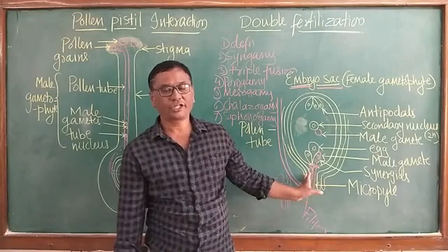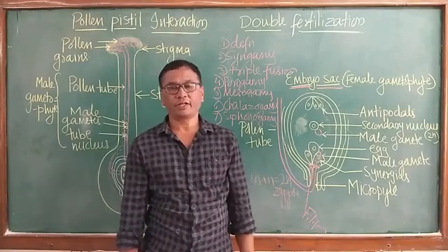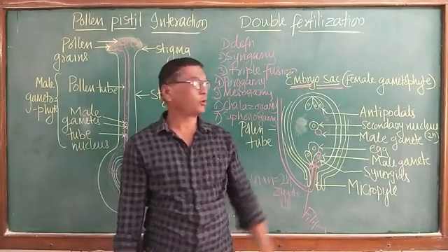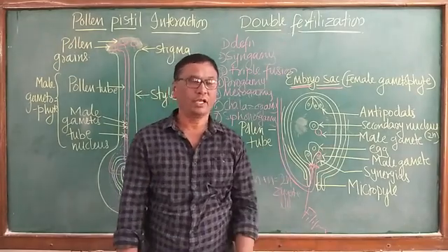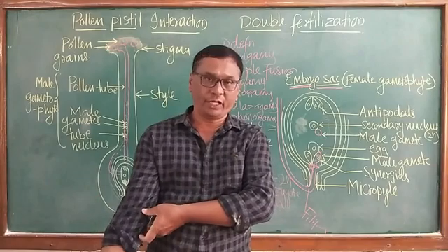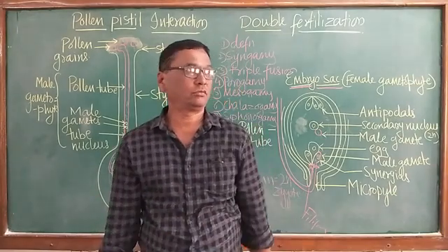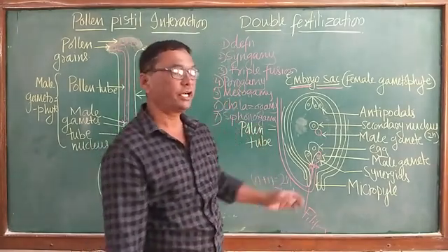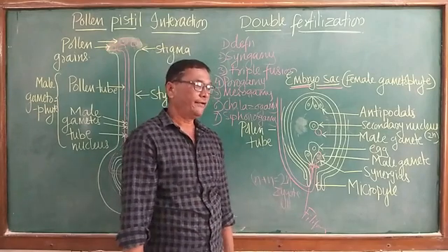Scientist Navashin was the first person to discover the process of double fertilization in Liliaceae plants, a monocot family, and the plants where he studied this were Lilium and Fritillaria.